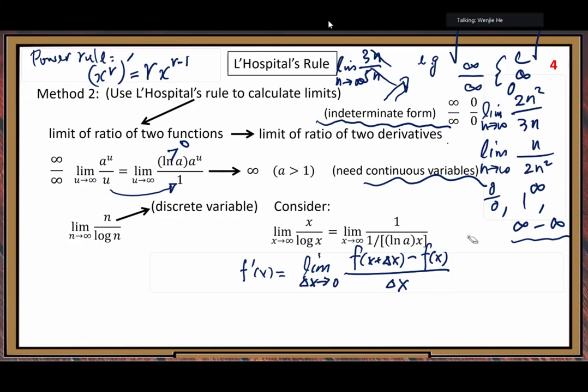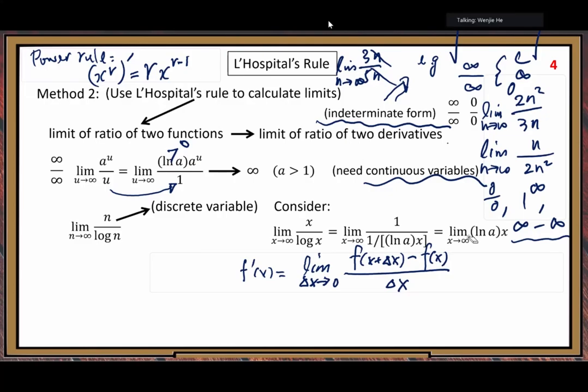Applying L'Hopital's rule, the derivative of log of x is 1 over natural log of a times x, the formula. Then after simplification, we get this.